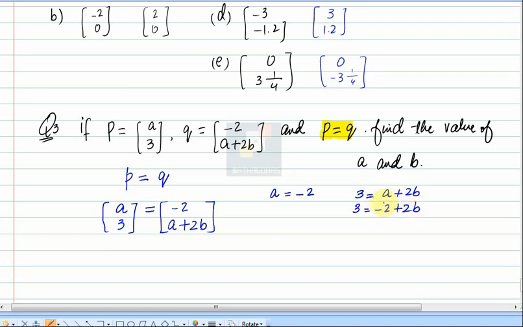When you shift -2 to the left side, 3 plus 2, 5 is equal to 2B, and B is equal to 5 over 2, and that is your answer, right? It looks very easy. Vectors is a very easy topic, right? Yes, it is, but only at the beginning.